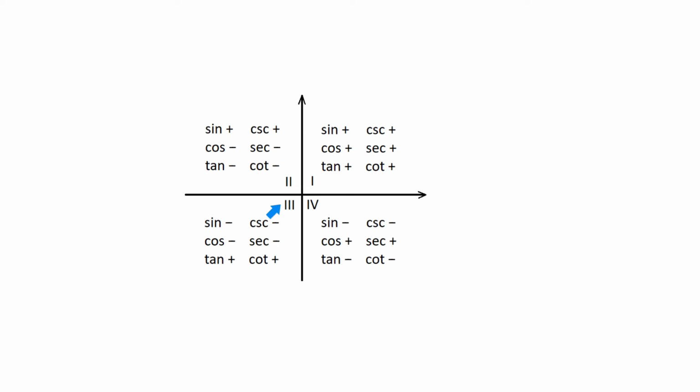In quadrant 3, both x and y are negative, therefore sine, cosecant, cosine and secant are negative, and tangent and cotangent are positive. And in quadrant 4, x is positive and y is negative, therefore sine, cosecant, tangent and cotangent are negative, but cosine and secant are positive.